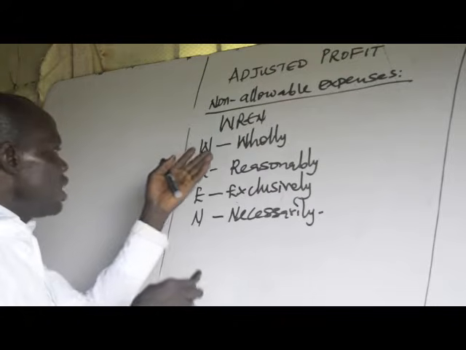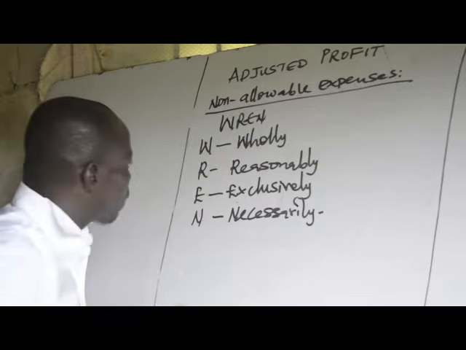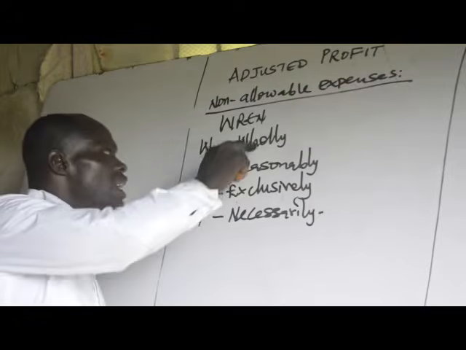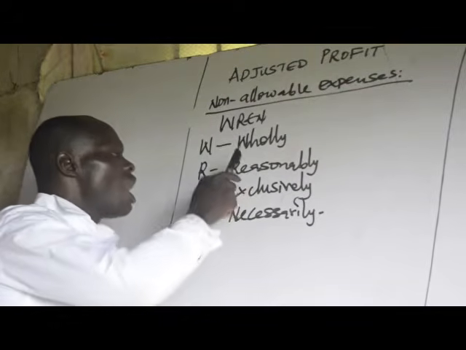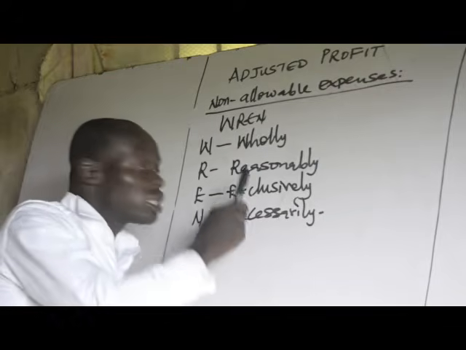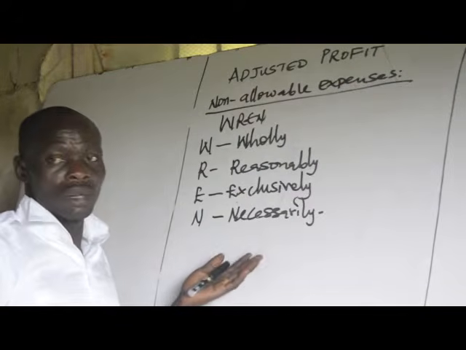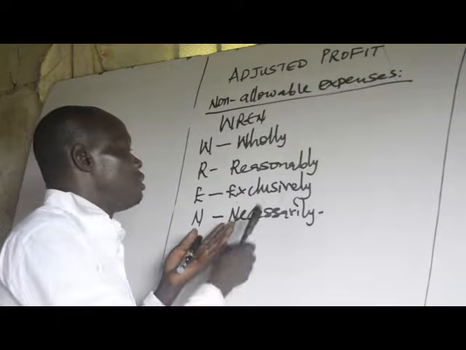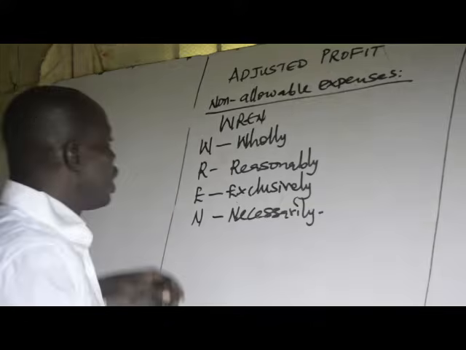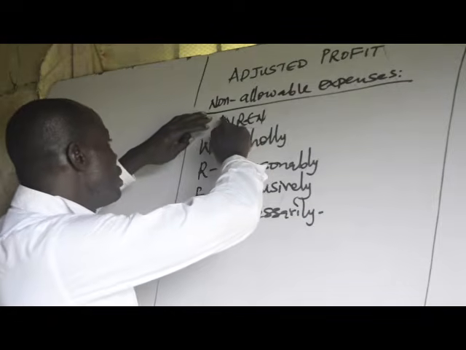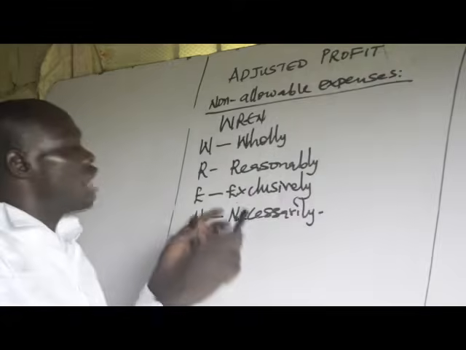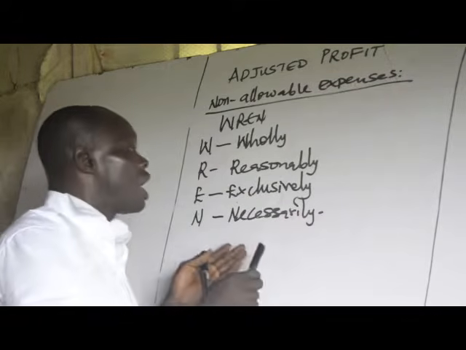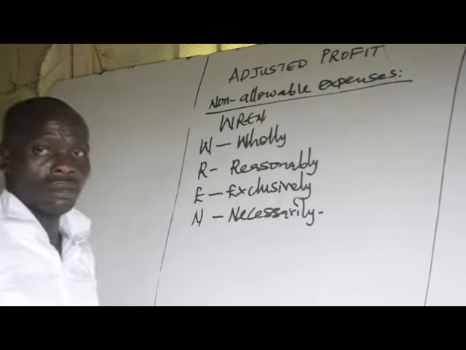For expenses to be allowable for tax purpose, such expenses must be wholly, reasonably, exclusively, and necessarily incurred for the purpose of generating revenue. Any expenses whose motive is not to generate revenue are not allowable for tax purpose.